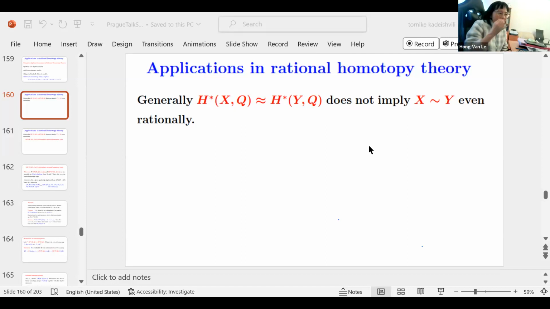Did you consider, or maybe Professor Kadeishvili, did you consider curved infinity structure? No. I have heard, but I don't know. So there is no hope to get a version of the minimality theorem for this curved theory.